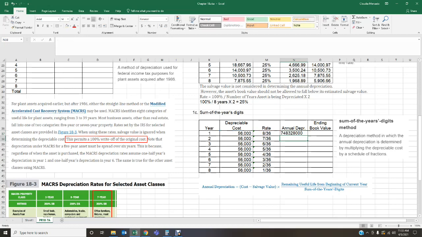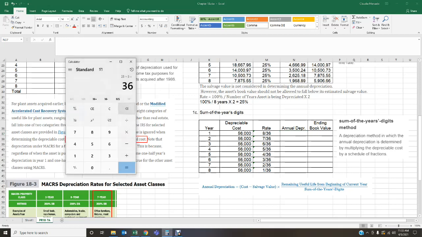Okay? And let's see what that gives us. Let's use the calculator. So it'll be 56,000 times 8 over 36. And that gives me 12,444.44.